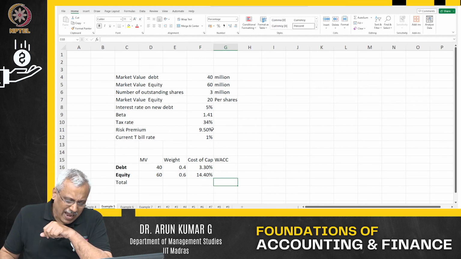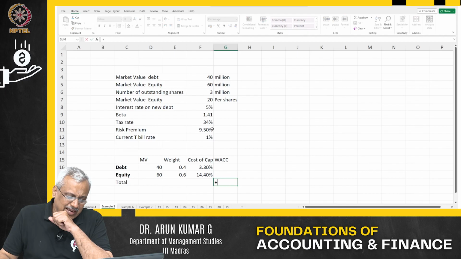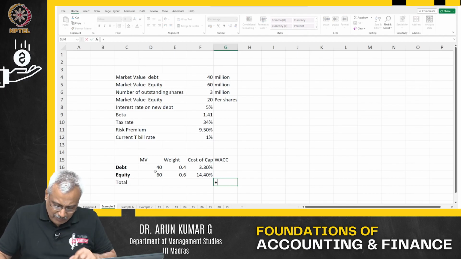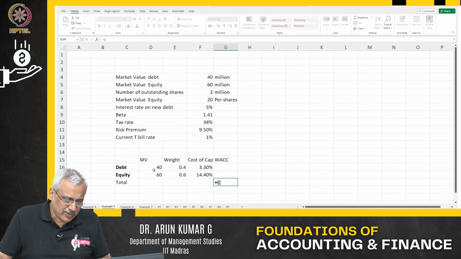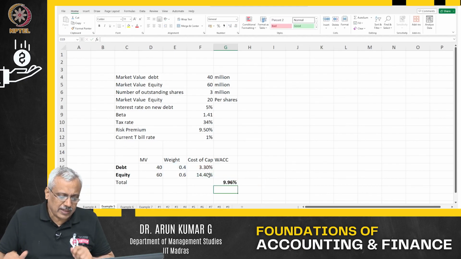What is the WACC in this particular case? Weighted average cost of capital is nothing but 0.4 into the cost of debt plus 0.6 into 14.4, the cost of equity, and that is going to give you WACC.